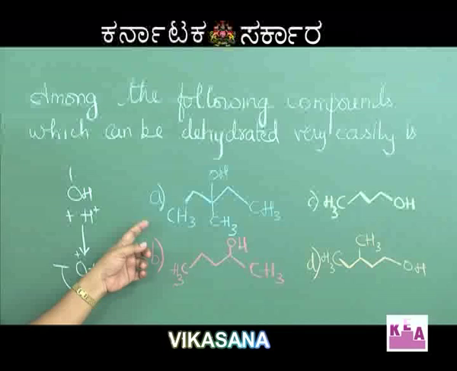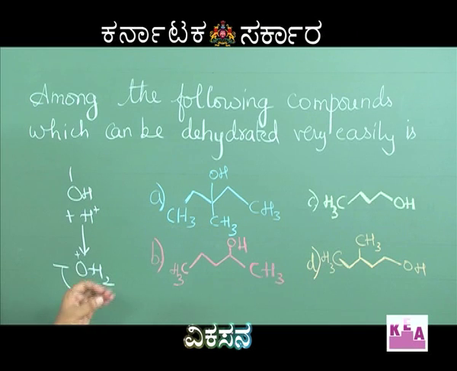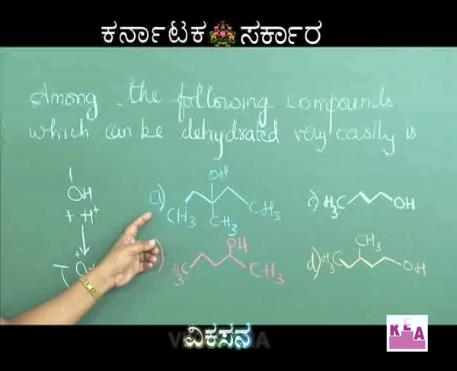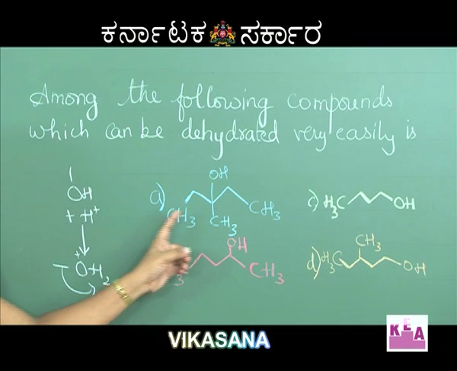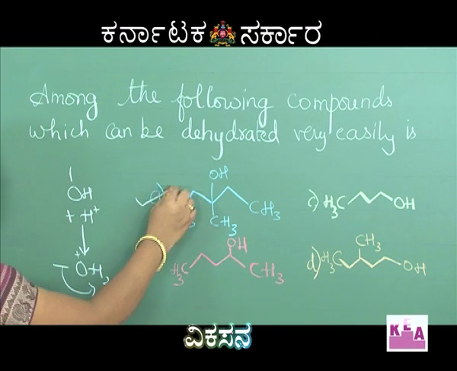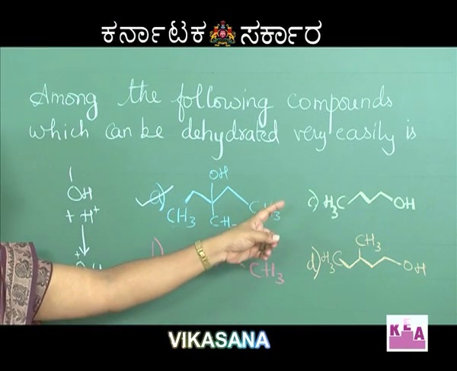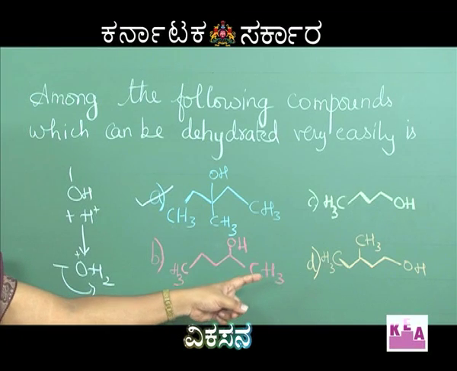We know that the tertiary carbocation is easy to form compared to the other carbocations, and since tertiary carbocation is very stable, we can see that option A is tertiary alcohol and therefore option A will be the correct option. Now when we look at B, C and D, compare it. B is a secondary alcohol, C and D are primary alcohols.